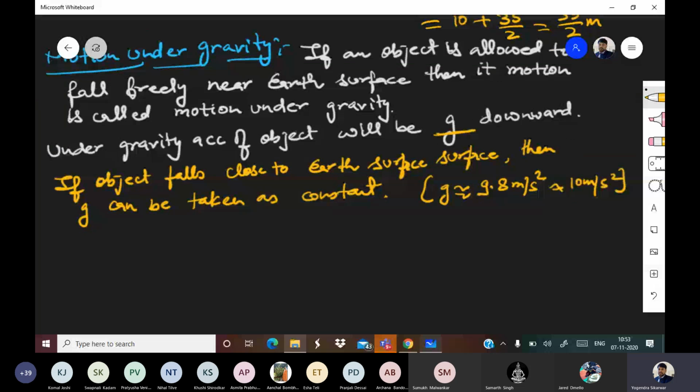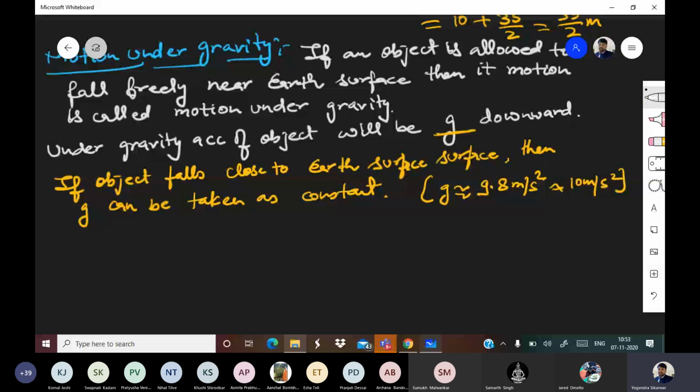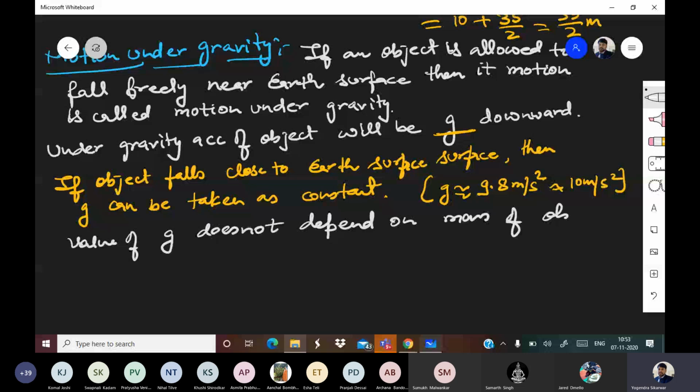Now interestingly, there is one important point, that this value of acceleration g does not depend on mass of object. Value of g does not depend on mass of object dropped. What does it mean?